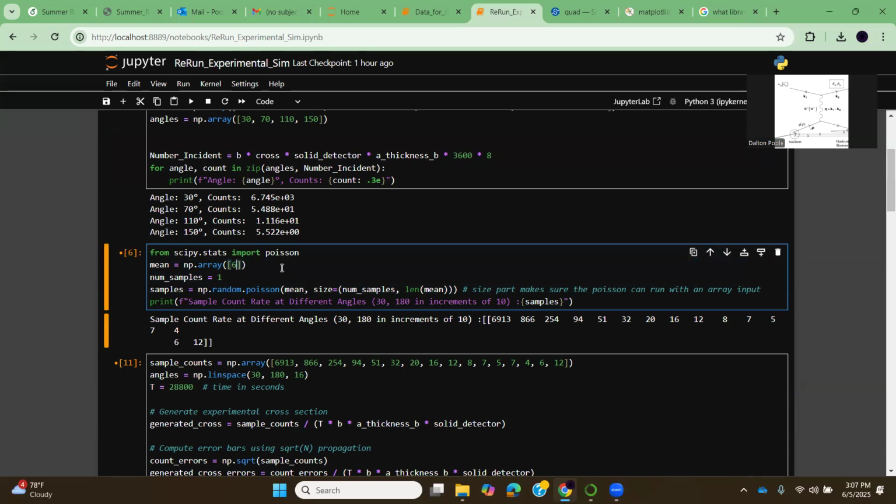So it's 6, 7, 5, 54.88, 11.16, and 5.522.